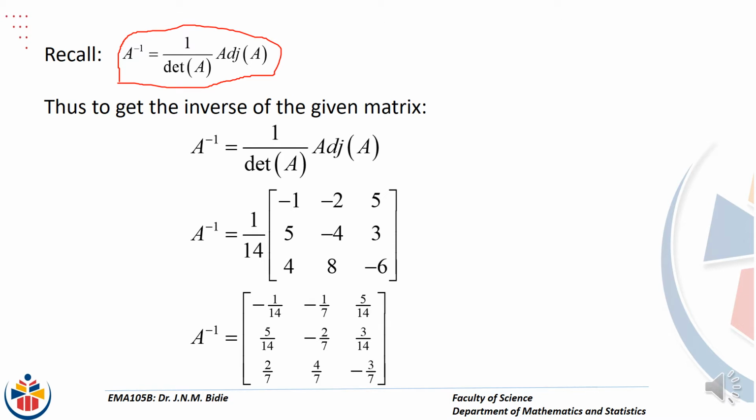So for the given matrix A, if we were asked to find the inverse of that matrix using the adjoint, then we would use that formula and substitute the adjoint of A in, and calculate the determinant of A, which is 14. Therefore, the inverse is given by this matrix, where you multiply 1 over 14 to each and every entry in the adjoint.